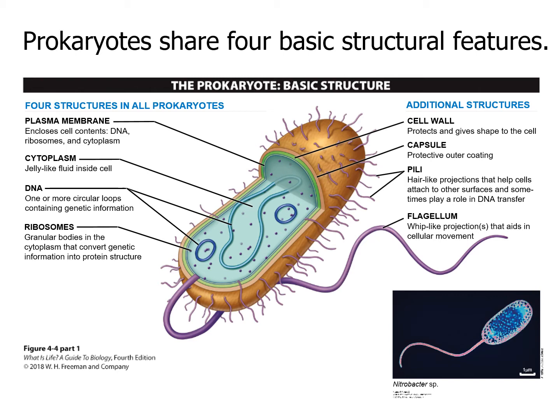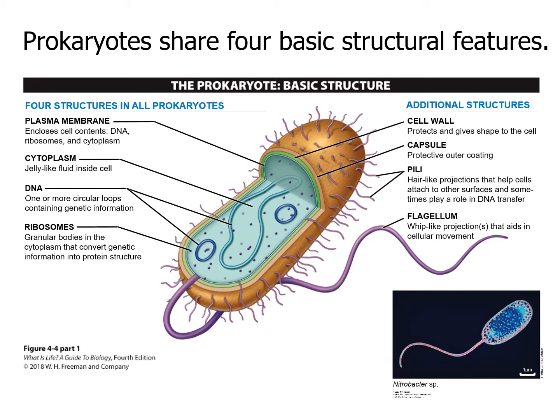These are going to be little granular bodies in the cytoplasm that convert genetic information into protein structures. So that is very important. And those are the 4 things that all prokaryotes are going to have.